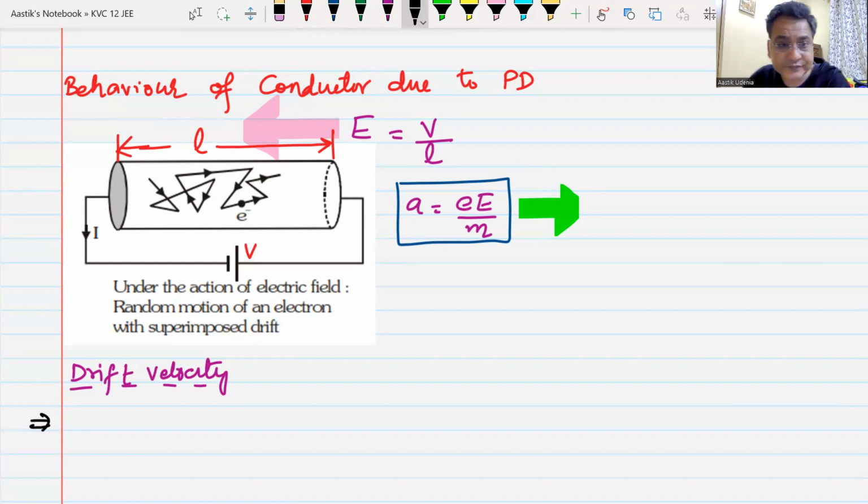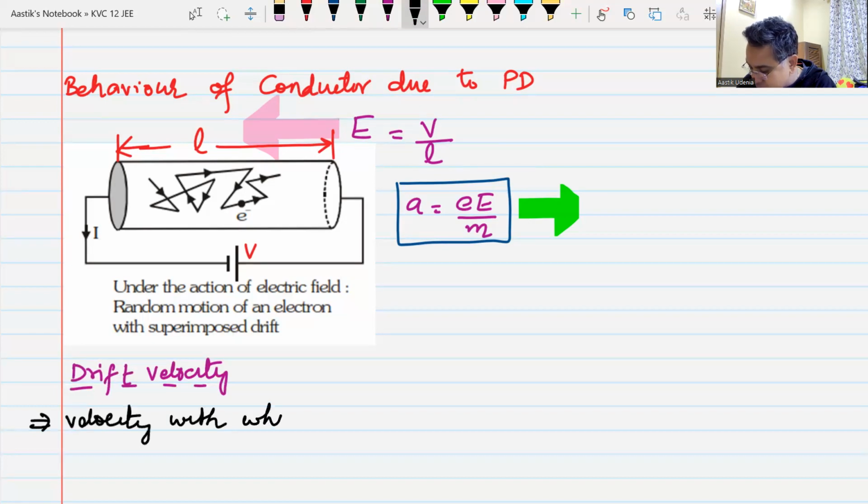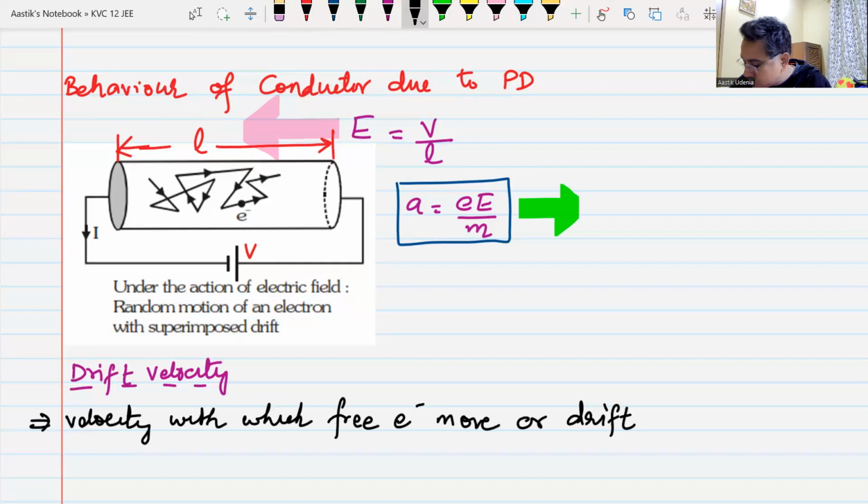It is the velocity with which free electrons move or drift towards the positive terminal of the battery.